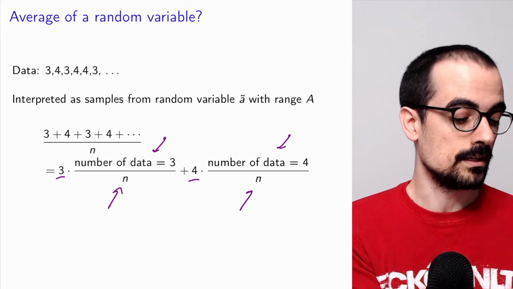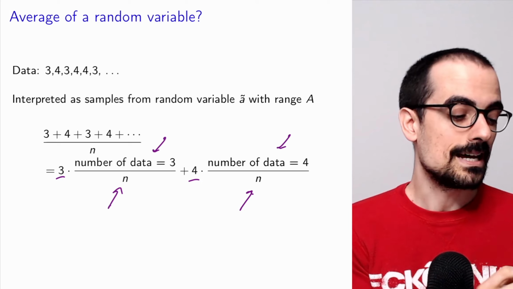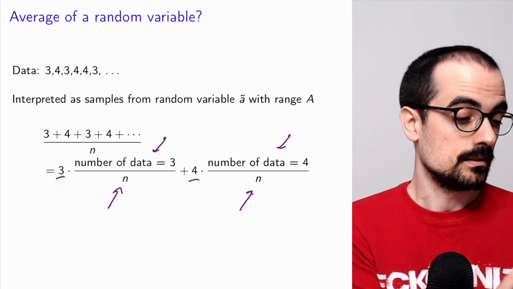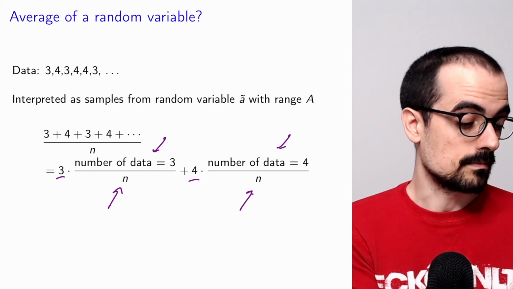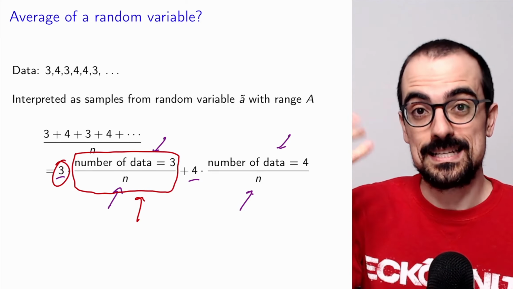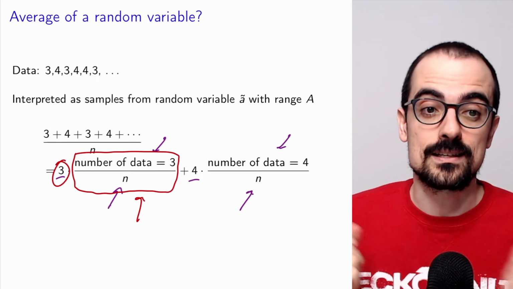Okay, hopefully you see that these two sums are exactly the same. But when we write things like this, we suddenly realize that the average can be written as multiplying each of the possible values by the fraction of times they're seen in the data. And this is just the probability that we see those values, which intuitively, when we have a lot of data, is equal to the probability mass function of the random variable at that value.